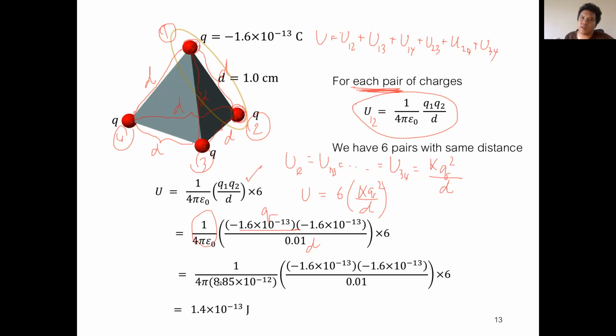You can either use epsilon 0 as 8.85 times 10 to the minus 12, or you can use 1 over 4 pi epsilon 0 as 9 times 10 to the 9. And you should get the final answer for this.